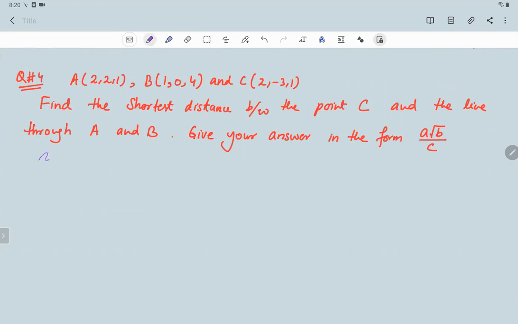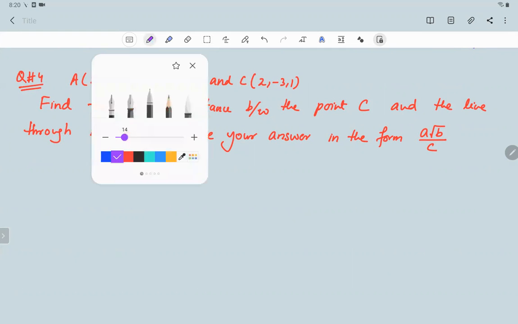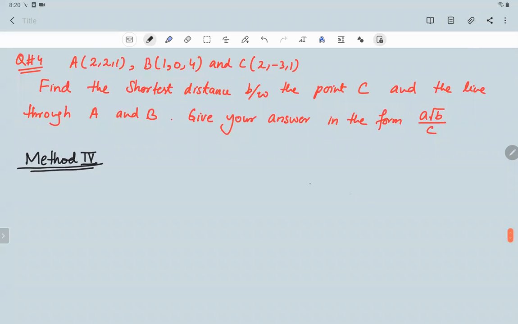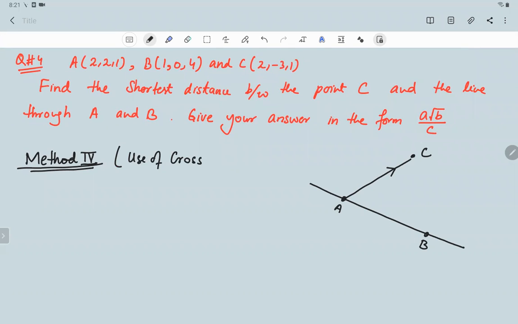Method number 4 is the use of the cross product.